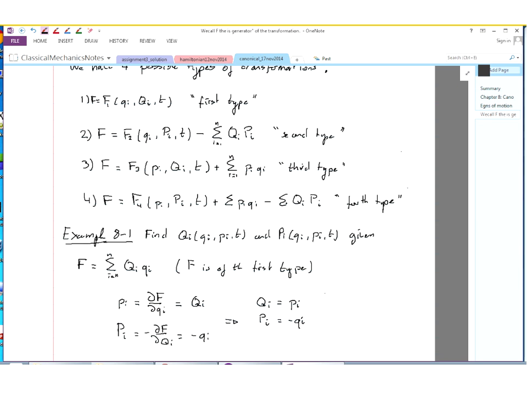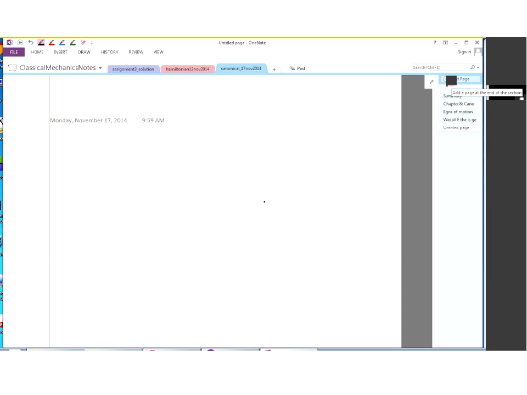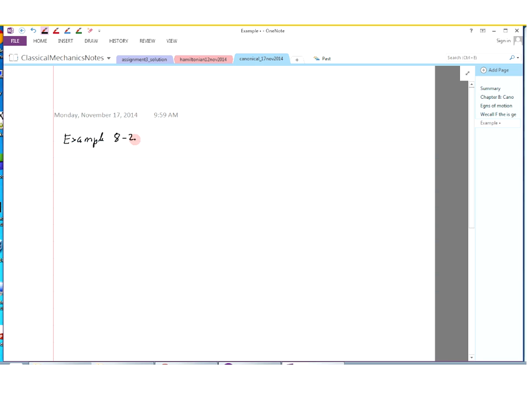All right, let's do another one. Example 8.2. We'll just do the same thing, but now we'll use the function f.